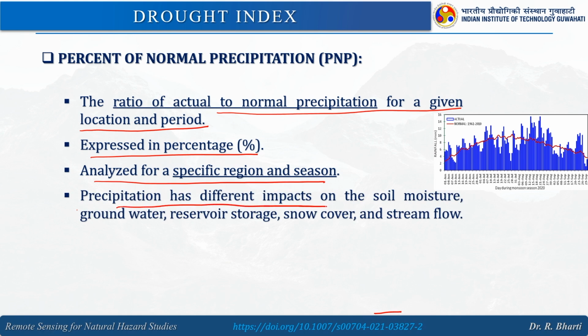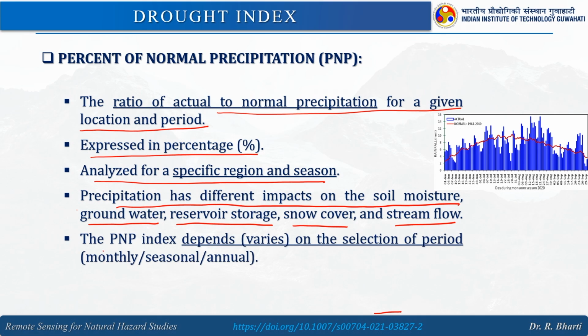Precipitation has different impacts on soil moisture, groundwater, reservoir storage, snow cover and stream flow, right. So this PNP index depends on the selection of period: monthly, seasonal or annual. You can see here, this is 1st June to 29th September.